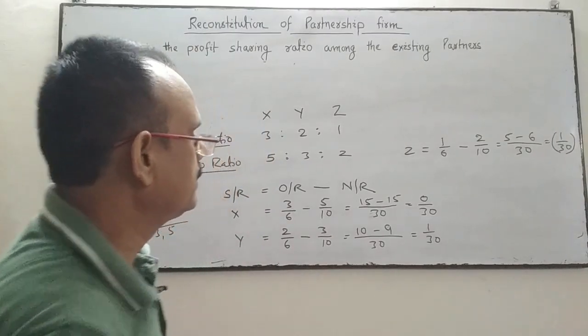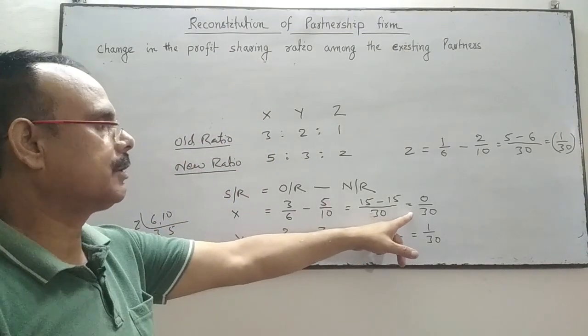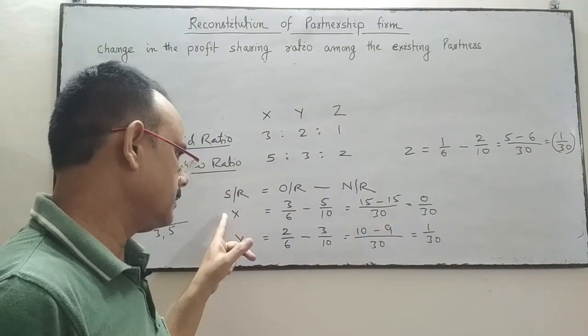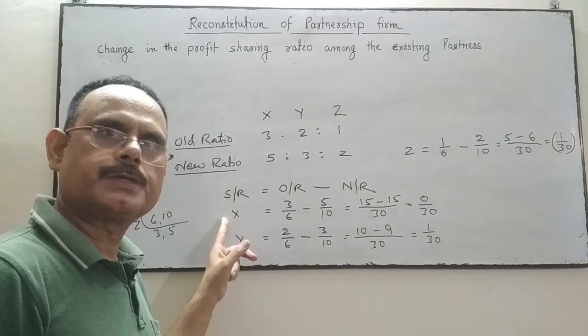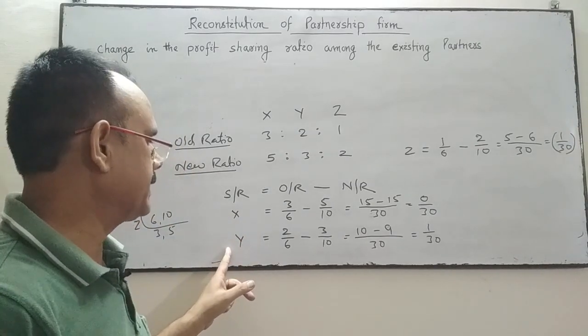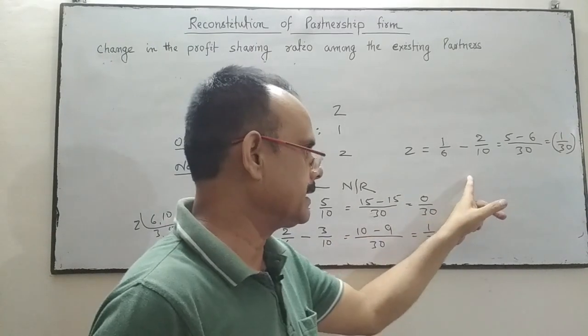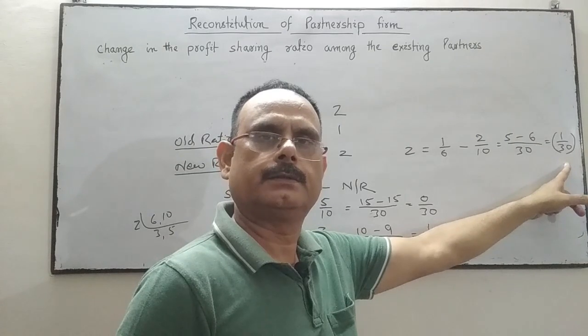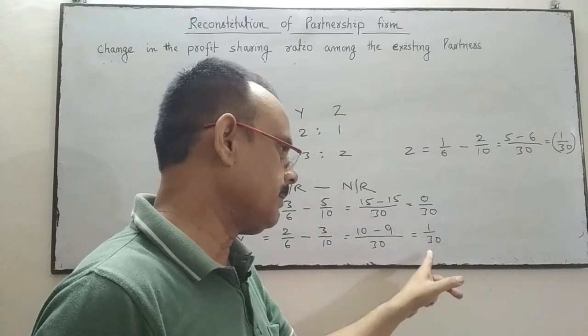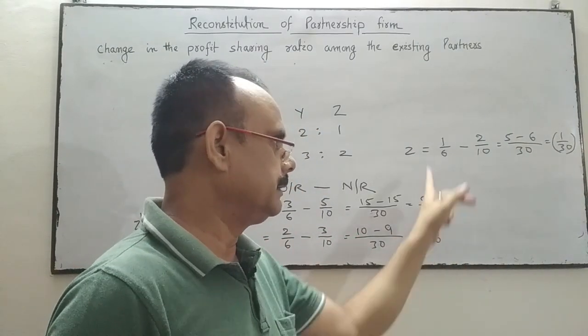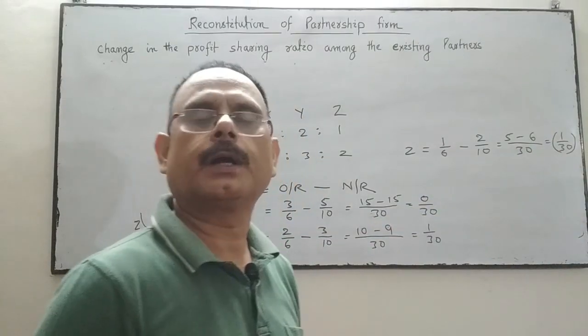It means X has not sacrificed. X is neither the gainer nor the loser. Y has sacrificed 1/30, and Z is the gainer by 1/30. When Y has sacrificed 1/30, then Z is the gainer by 1/30.